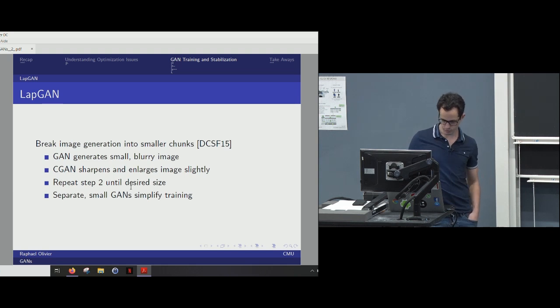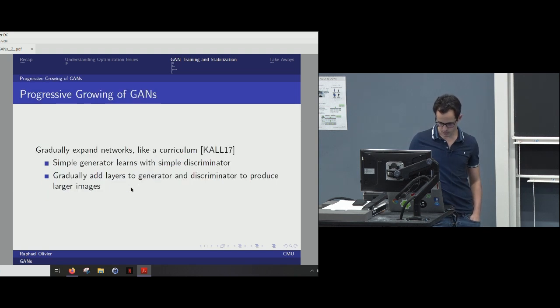I'm just putting them back here because they're sort of related to the next thing we're going to see, which is called ProGANs, where it kind of does the same thing, where you're gonna expand the network slowly and iteratively, but this time the way they do it is add different layers to both of your networks.